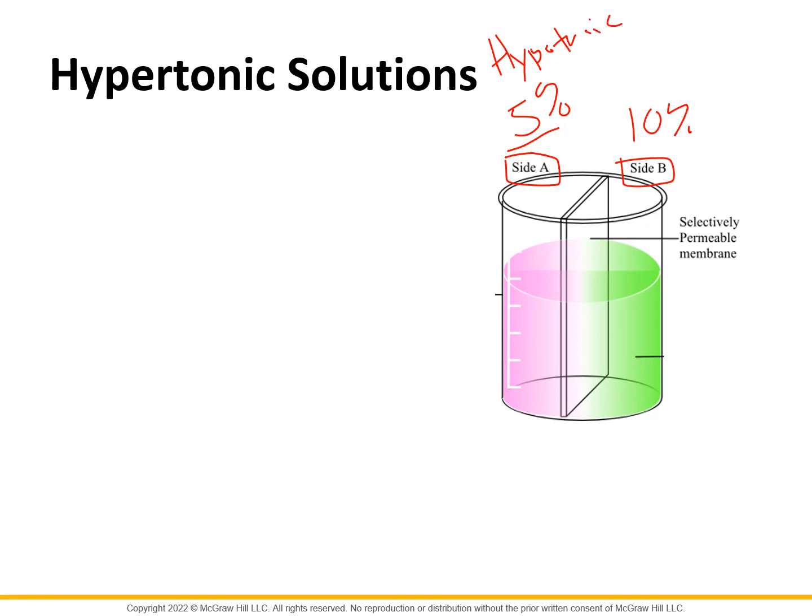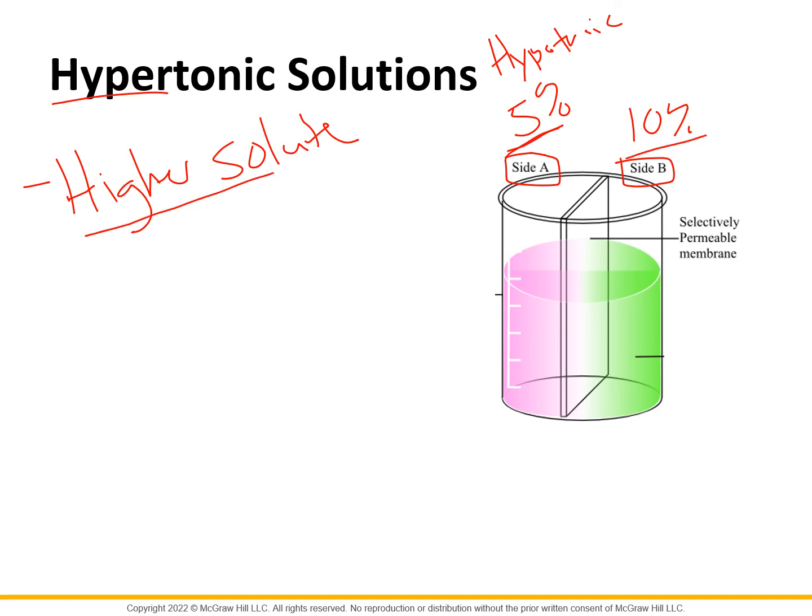So hypertonic solution, obviously the other has to be hypertonic, but going through the definition, hyper means higher. Higher concentration of solute. So, and just to double check, you have 5% solute here, 10% solute here. So the solution with the higher solute has to be the hypertonic solution. Hypertonic.